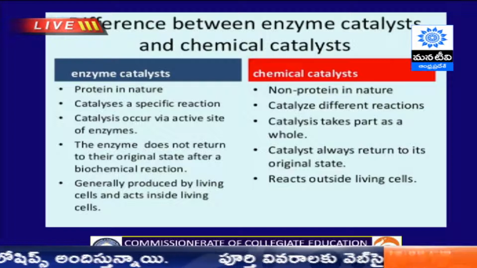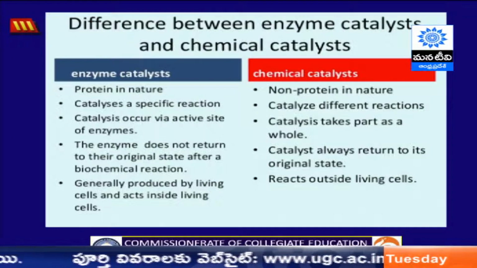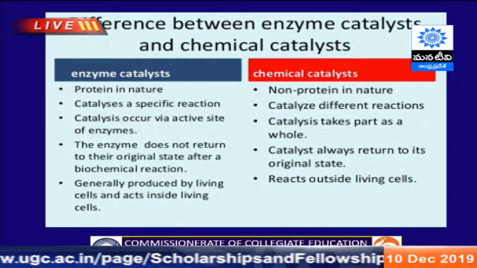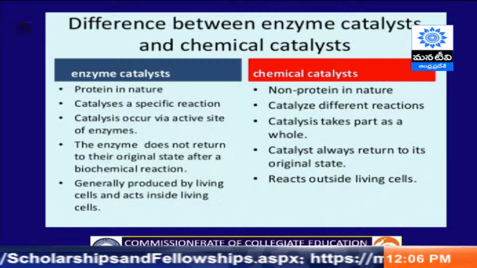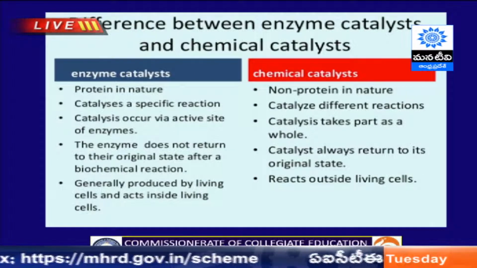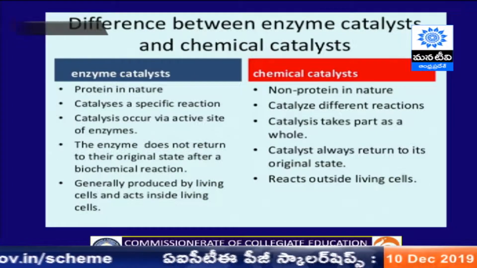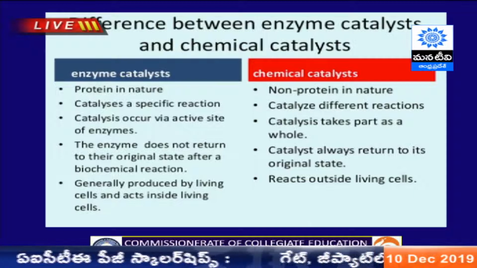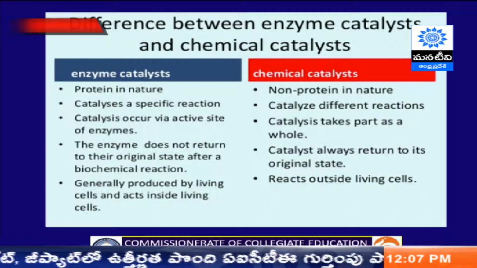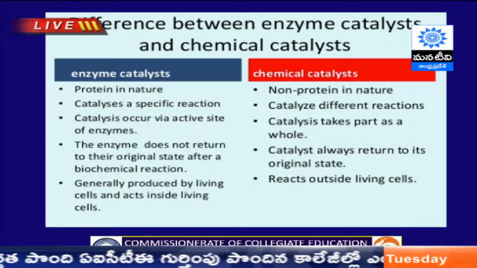Coming to the enzyme catalyst, I already told you they are proteinaceous in nature, whereas chemical catalysts are non-proteinaceous in nature. Biochemical catalysts are specific to reactions, whereas chemical catalysts can catalyze different reactions. Enzyme catalysts act via the active sites of the enzyme. They do not return to the original state after a biochemical reaction.